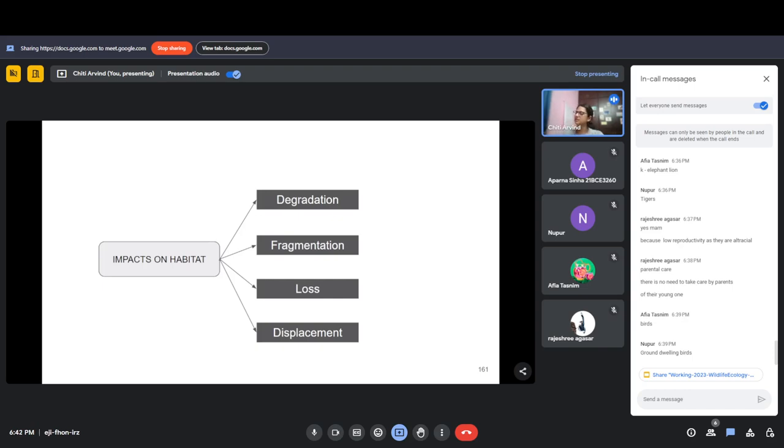Can you give me an example of habitat degradation? Any example that you have heard of?